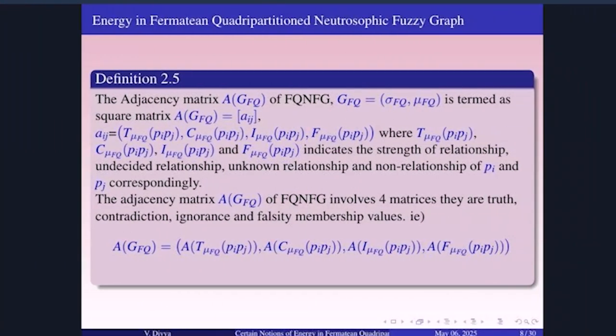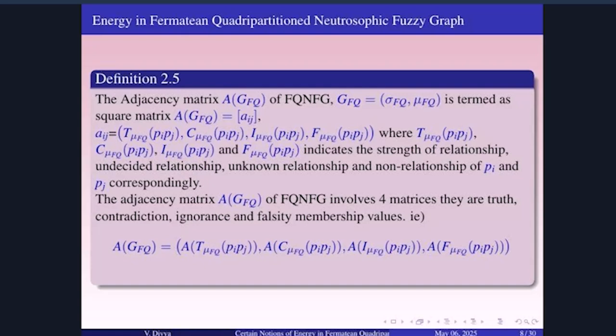And next we define the adjacency matrix, which is termed as the square matrix A(G_FQ) = [e_ij], where e_ij stands for the truth membership of (p_i, p_j), and similarly C stands for contradiction, then ignorance and falsity.